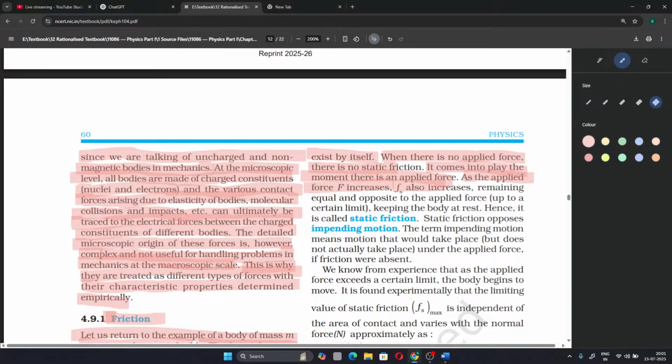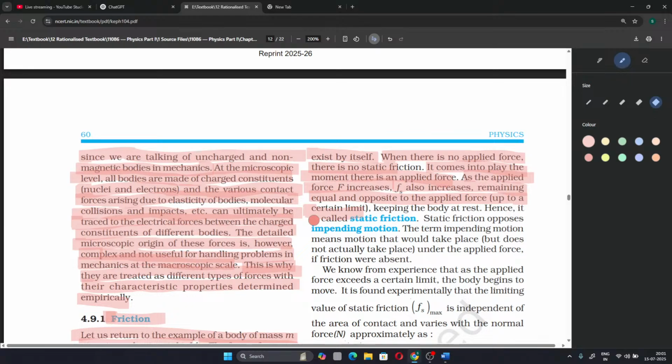As the applied force increases, the static frictional force also increases, remaining equal and opposite to the applied force up to a certain limit. If the static frictional force opposed the applied force with no limit, then the body would not move at all, it would just stay there.